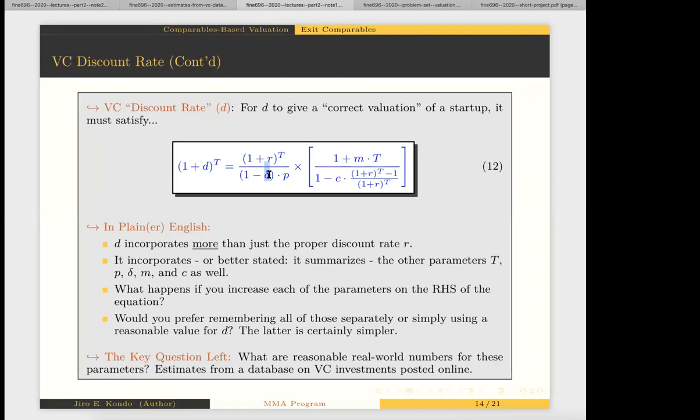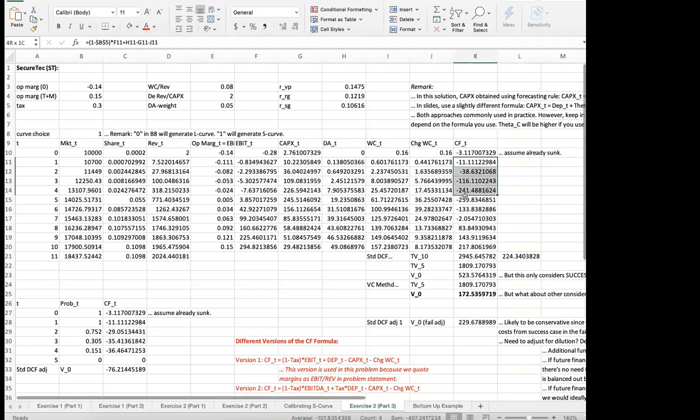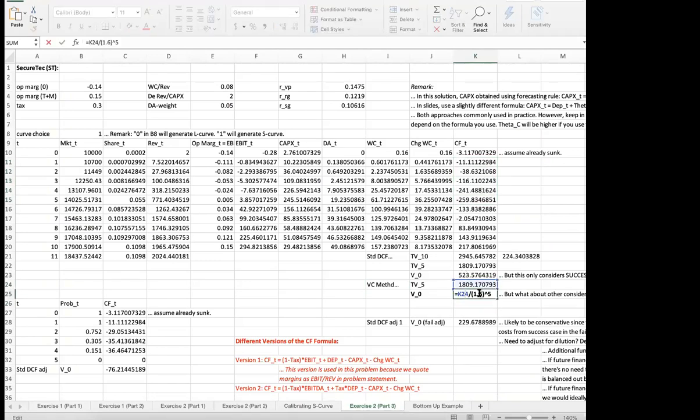Well, why do you have dilution of current owners of a startup? It's because the company needs to raise additional capital in the future to cover its expected future negative cash flows. So when we use the VC method, we indirectly incorporate the negative cash flows from time 1 to time 5, or time 1 to time t, via our use of the VC discount rate D.